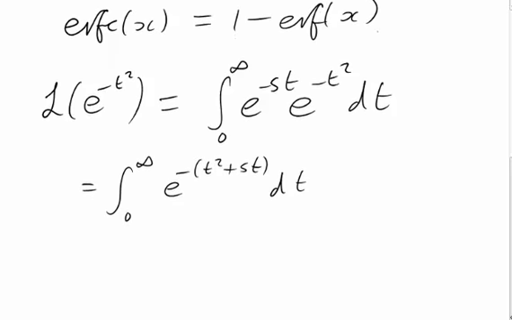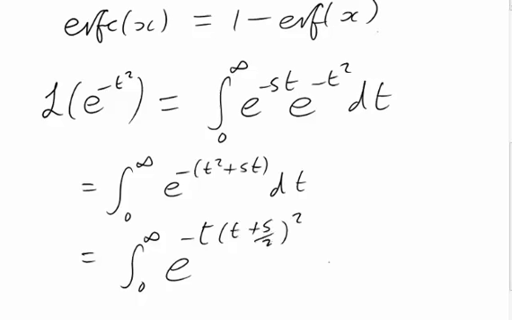So let's do what we normally do when we would like to see a square with a quadratic present. We complete the square. So that's going to be e to the negative, and it'll be t plus s over 2 all squared, minus s squared over 4 dt.